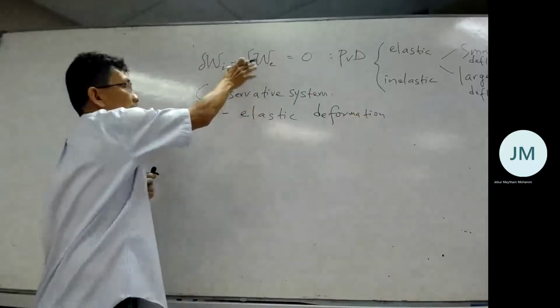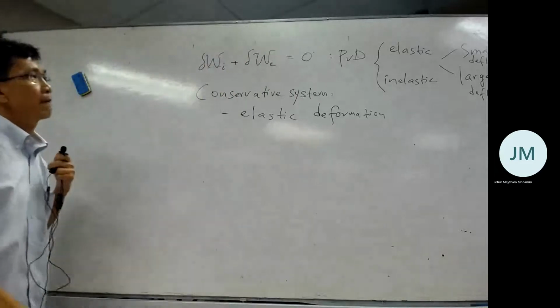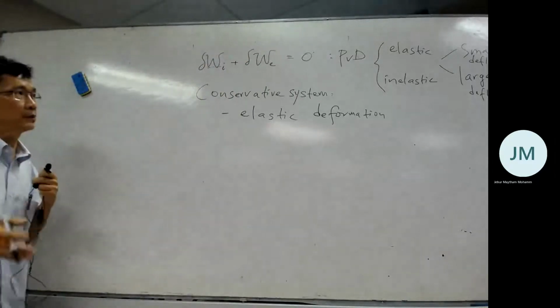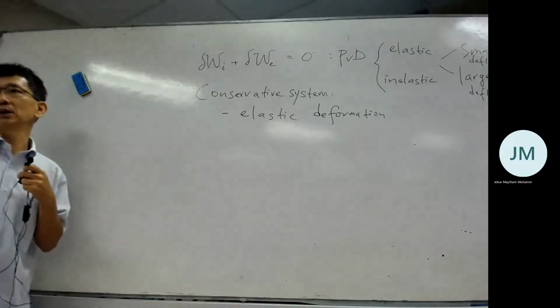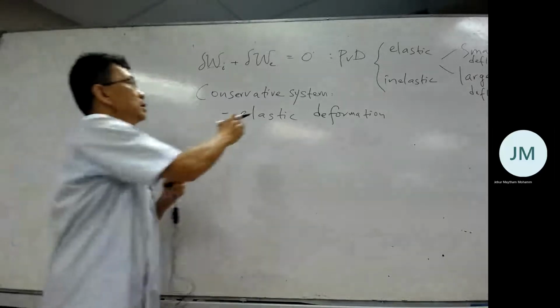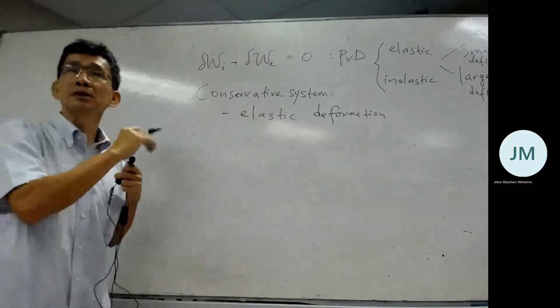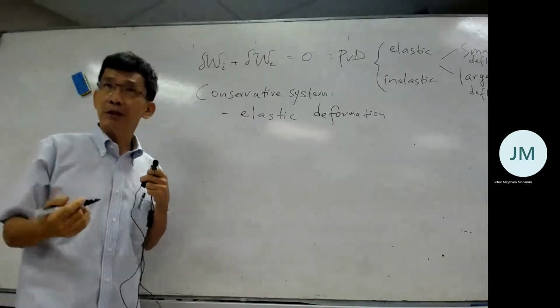We look at one part of PVD which is restricted to these conservative problems dealing with elastic deformations, because there's a conservation of energy. But elastic here can be linear, it can be non-linear.